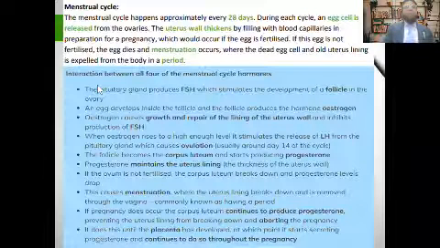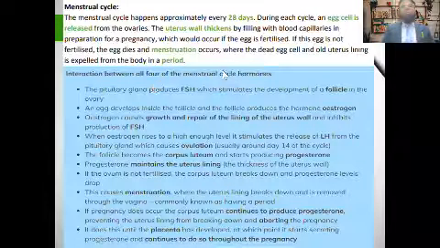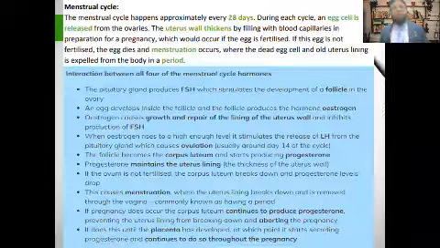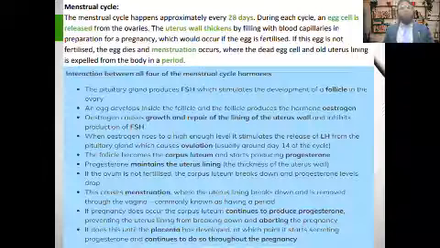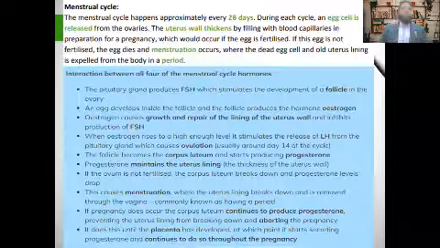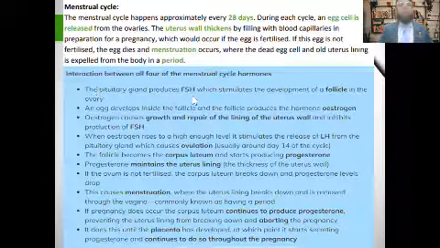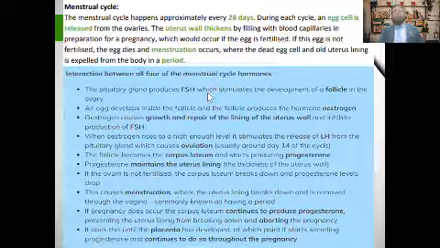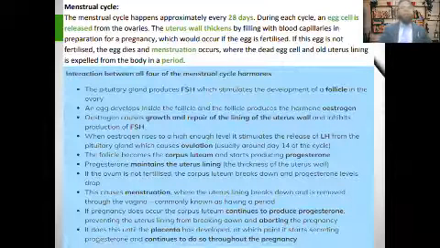Now see the interaction between the four menstrual cycle hormones. Actually, this menstrual cycle is controlled by hormones, specifically four hormones. So we have to know the names of these hormones, where they are secreted from, and what their job is. The pituitary gland produces FSH, follicle stimulating hormone, which stimulates the development of the follicle in the ovary.